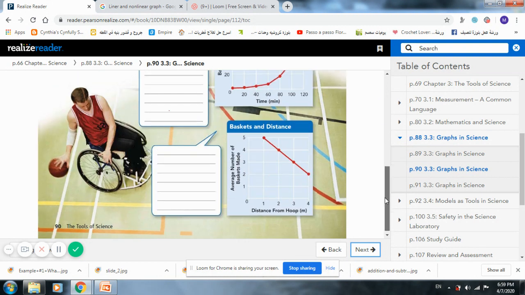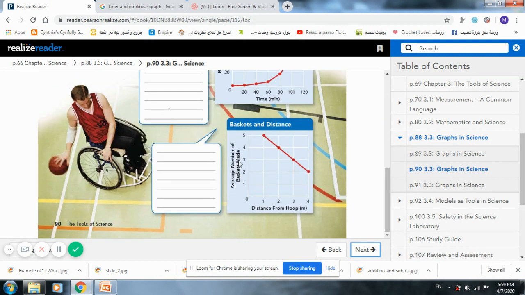Linear graph, as you can see here: average number of baskets made by distance from the hoop. This is also a linear graph, like the previous one. Here, when the distance from the hoop increases, the average number of baskets made will decrease.